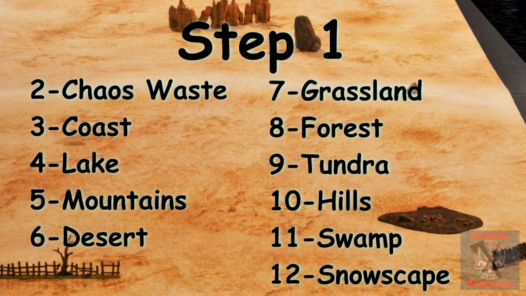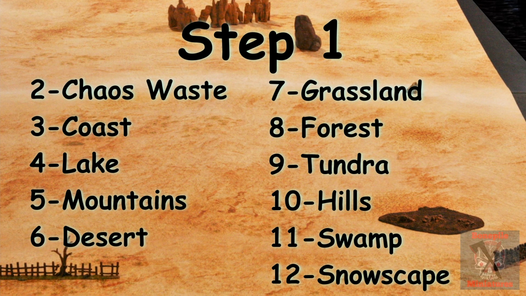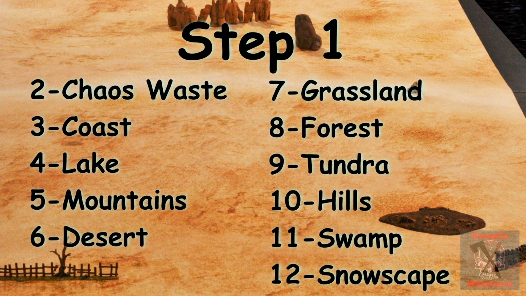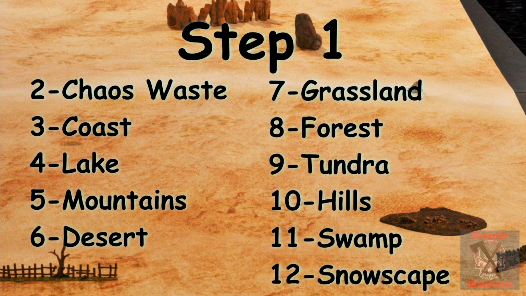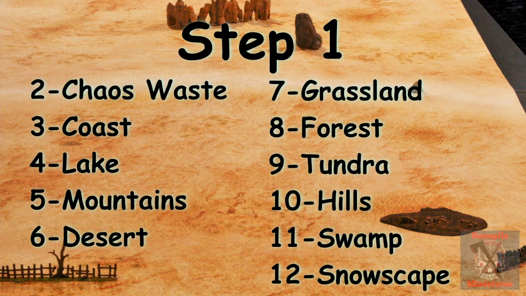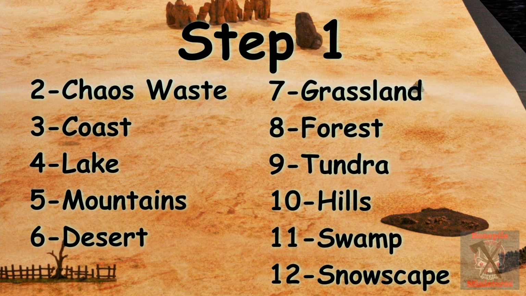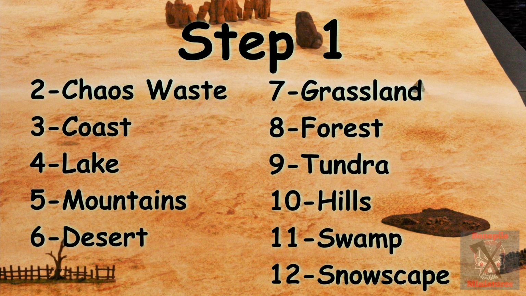But if you don't have much terrain selection, there are a couple of workarounds that you could try. The first one is to just simply re-roll on this chart until you get something that you have terrain pieces for. The second workaround is to simply put a piece of paper on the battlefield that represents a particular terrain piece.